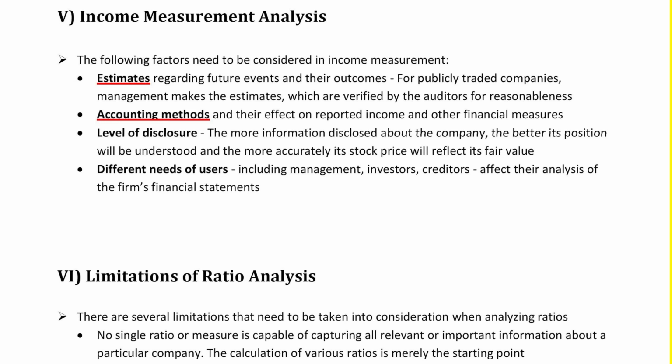Levels of disclosure. For disclosure, the more the better. Different needs of users. You have different needs of the various users of the financials, which are the management, the investors, the creditors. This affects their analysis of the firm's financial statements.